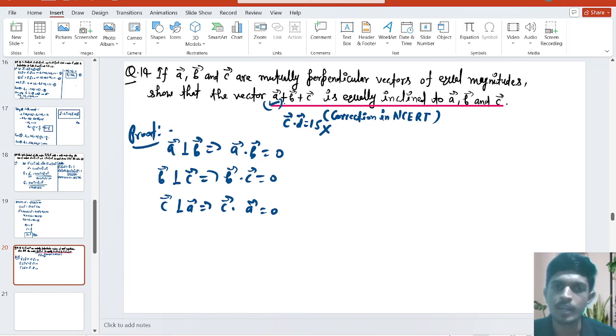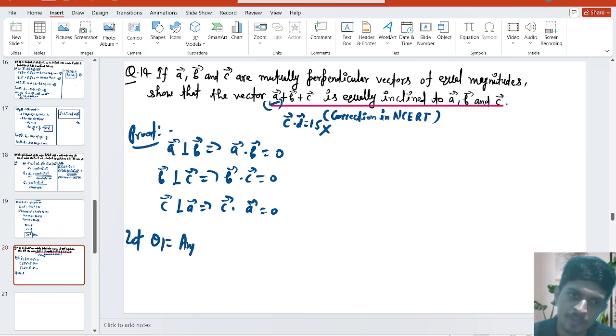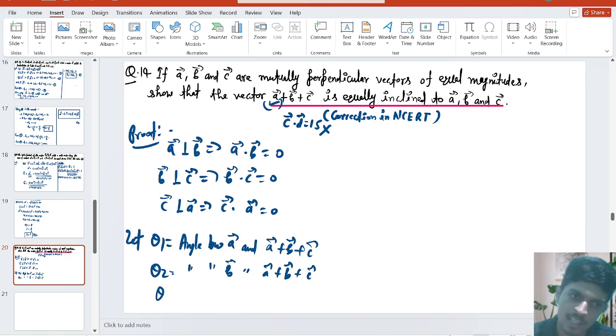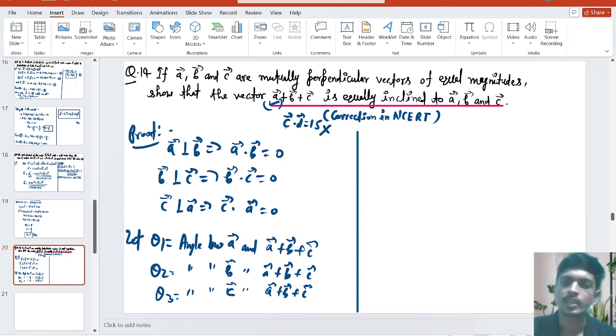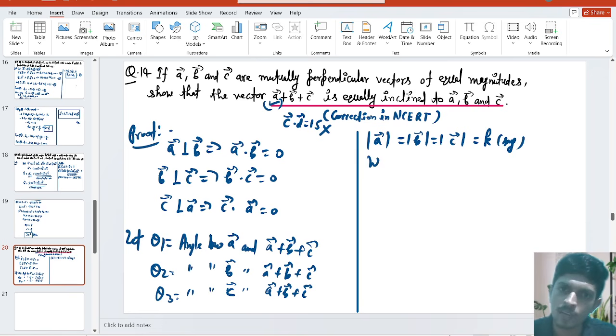We need to show that vector A plus vector B plus vector C is equally inclined to vector A, vector B and vector C. Let theta 1 be the angle between vector A and vector A plus vector B plus vector C, theta 2 the angle between vector B and vector A plus vector B plus vector C, and theta 3 the angle between vector C and vector A plus vector B plus vector C. It is also said they are mutually perpendicular with equal magnitude, so modulus of vector A, modulus of vector B and modulus of vector C are equal.